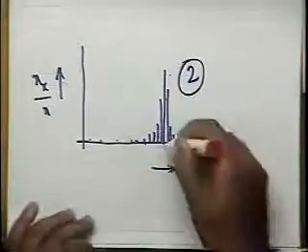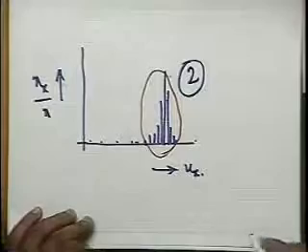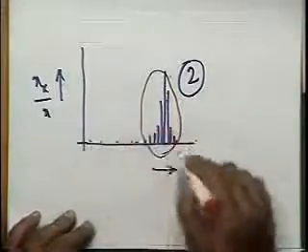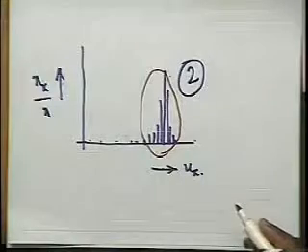Look at histogram number 2. Most of the pixels are in the higher intensity regions, and very few pixels are in the lower intensity region. Again, for this image also we are not making good use of the dynamic range.